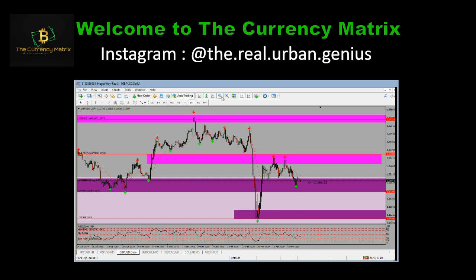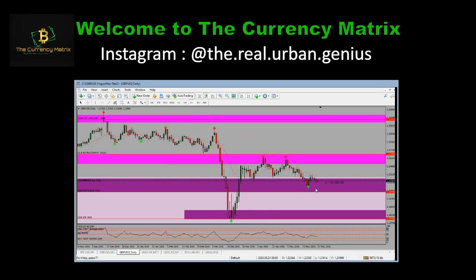Now looking at the daily, the most recent swing able to be applied by the Fibonacci is going to be from here, which is the high of April 2020 and the high of May 2020.